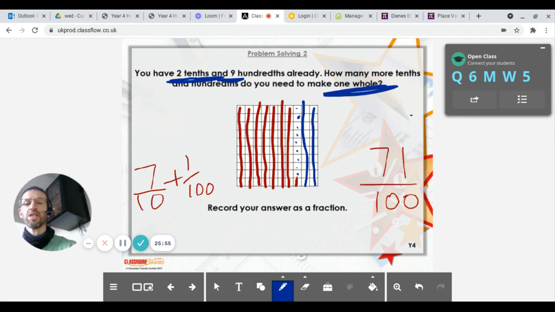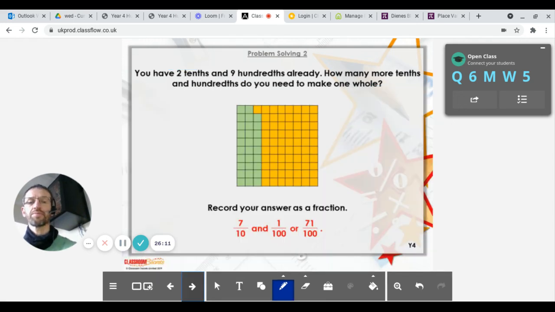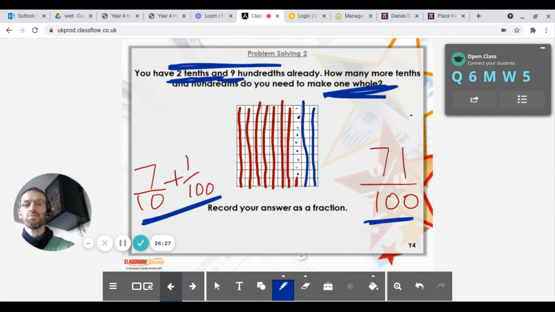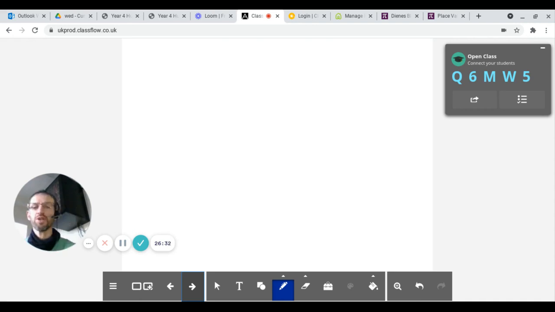So my 7/10 and 1/100th, which can also be written as 71/100ths, it's the same thing, added to the 2/10 and the 9/100ths makes one whole. So I'm saying that. There we go, 7/10 and 1/100th, or 71/100ths. Fantastic. They've coloured theirs in the other way around to me. If I was to turn that square over, like this, turn it round, they'd get something just like mine. Very good. So, spiciest work, if you're still with me, well done.